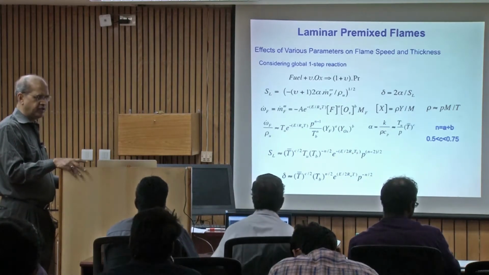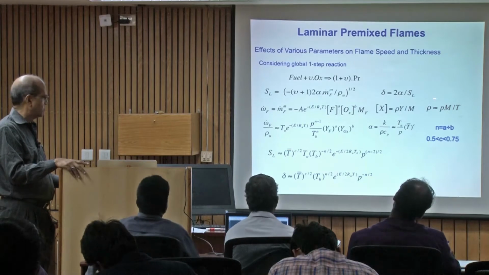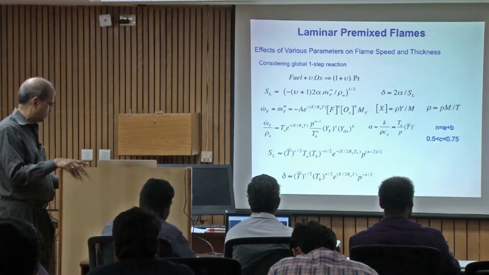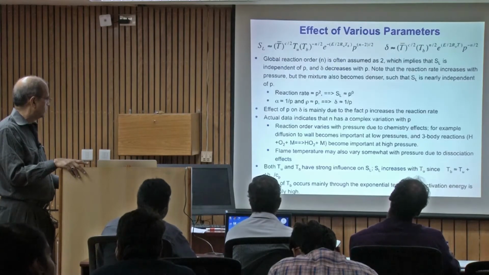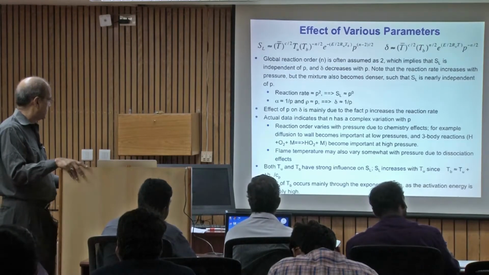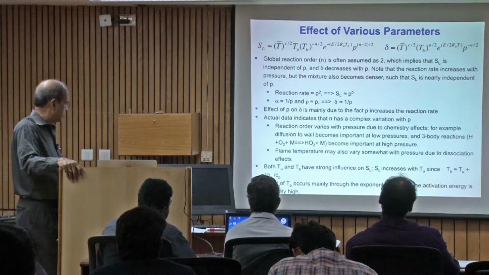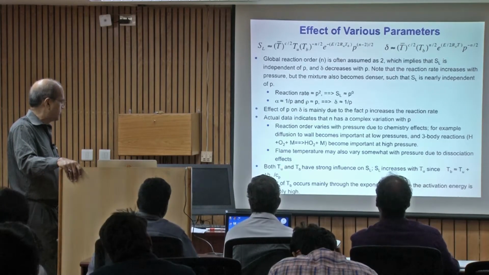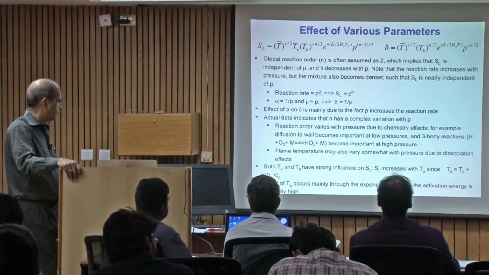Mostly the effect of equivalence ratio comes through adiabatic flame temperature. So you cannot see directly the effect of equivalence ratio. So both TU and TB have strong influence on SL.